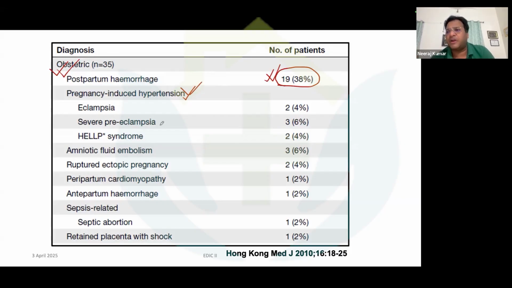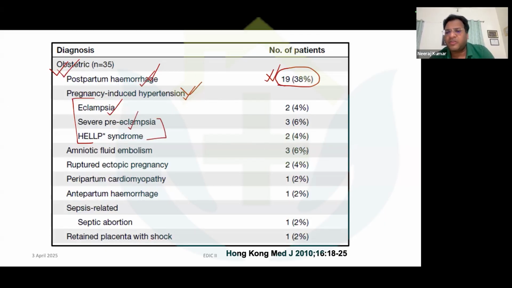These pregnancy-induced hypertension patients had three findings: a few were admitted because of HELLP, a few because of severe preeclampsia, and a few because of eclampsia. It means we have to know PPH, and we have to understand the physiology of PIH, like eclampsia, severe preeclampsia and HELLP. I will discuss these two parts.